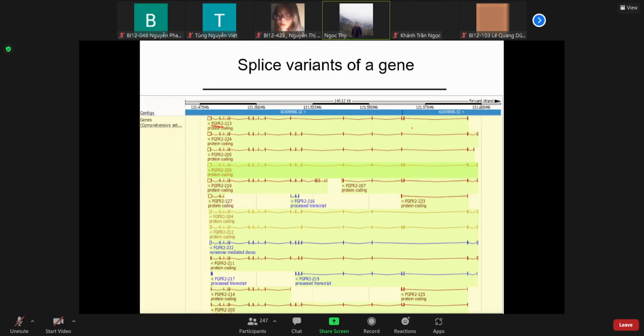For example, we compare these two. The exon here is included in this variant, but lacking in the second variant. Meanwhile, this exon 2-1 exists in this variant, but is lacking in the other splicing variant.